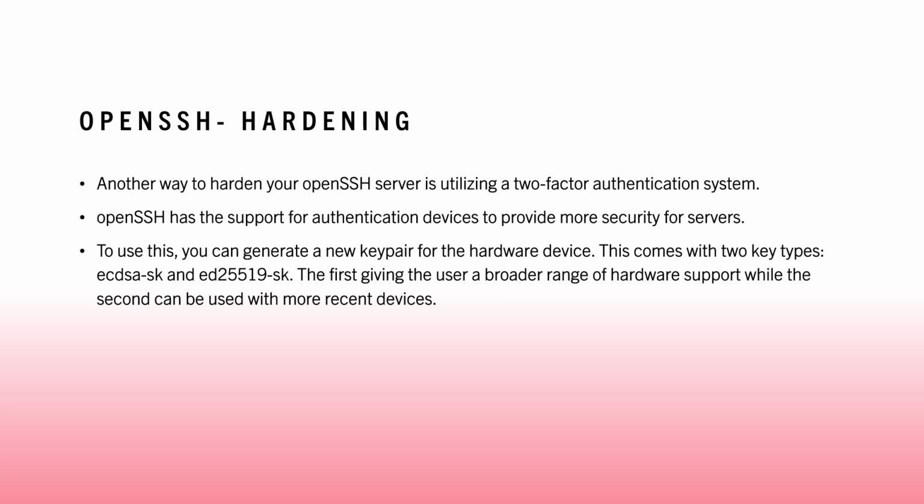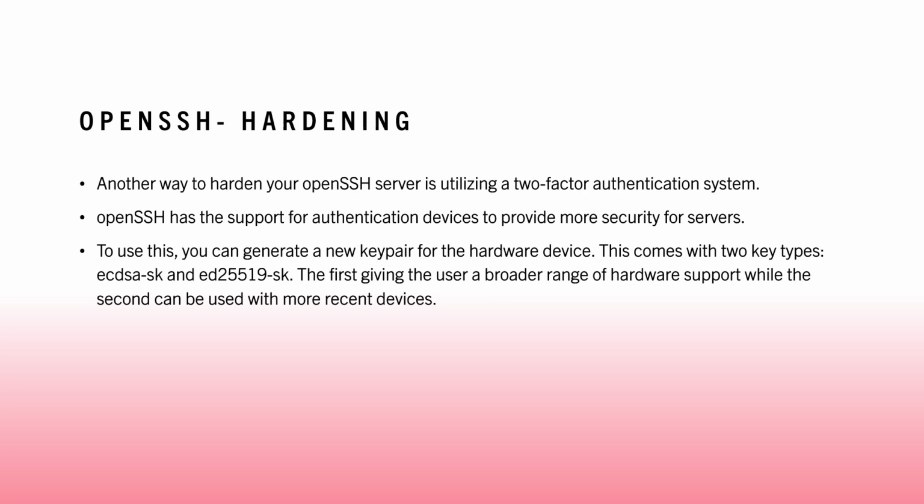Another way to harden your OpenSSH server is utilizing a two-factor authentication system. OpenSSH has support for authentication devices to provide more security for servers. To use this, you can generate a new key pair for the hardware device.